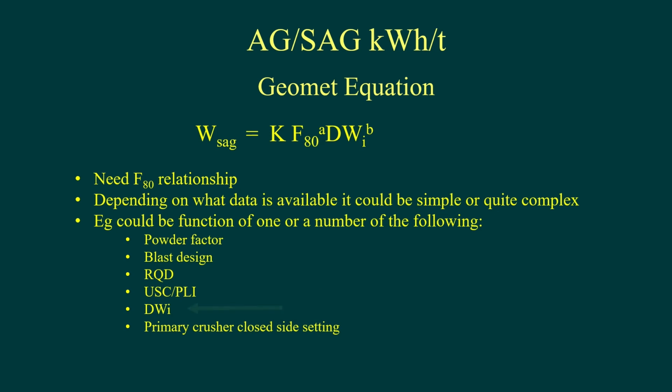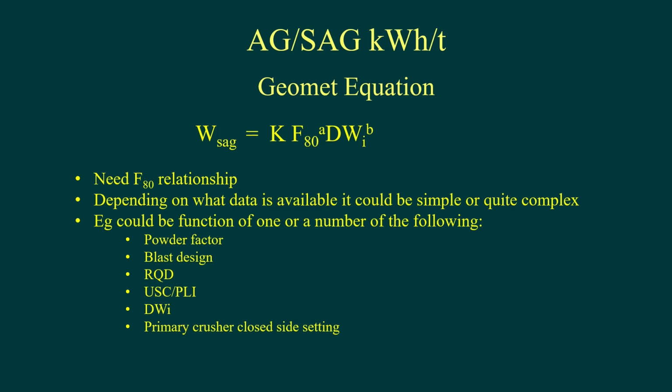I put the DWi here because in fact the DWi is correlated, we find, with the F80. So DWi itself could be used as an indicator of the F80, and primary crusher closed side setting.